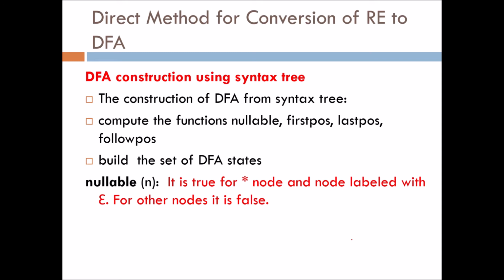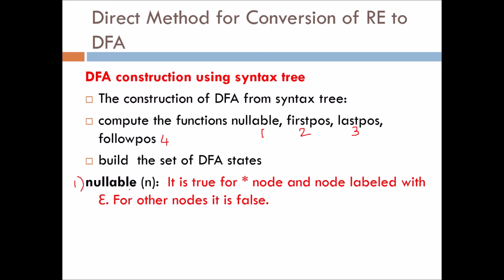Now, after the syntax tree is constructed, the second step is construction of DFA. To construct the DFA, we will have to compute values for four functions. The first function is called nullable. The other values are firstpos, lastpos, and followpos. So let us see what is nullable.